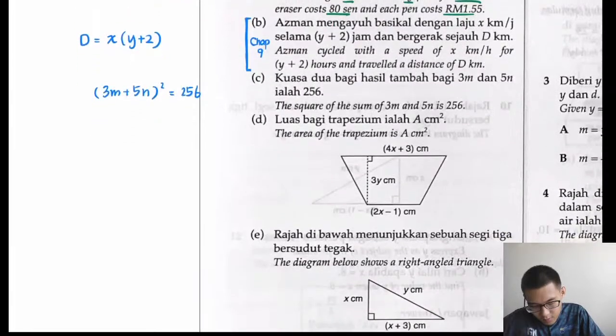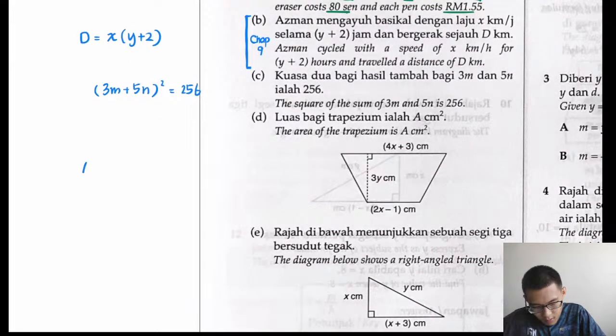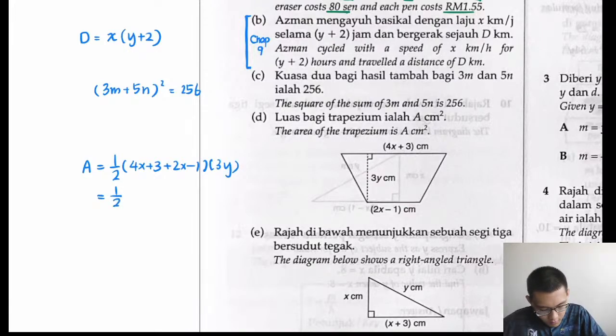So the area of the trapezium, A, is equal to half of 4x plus 3, another one is 2x minus 1, times 3y. So we can try to simplify it to the simplest form. So we have 6x plus 2 and 3y.